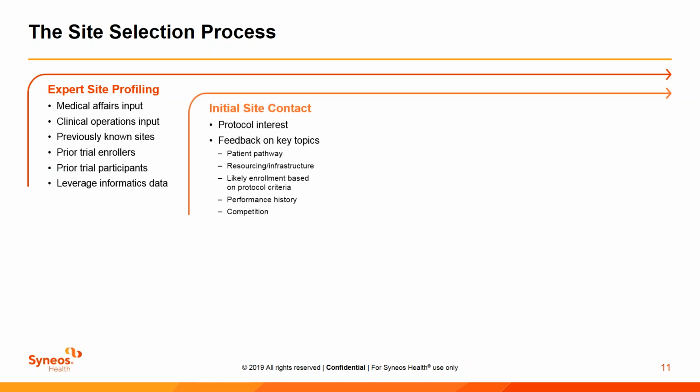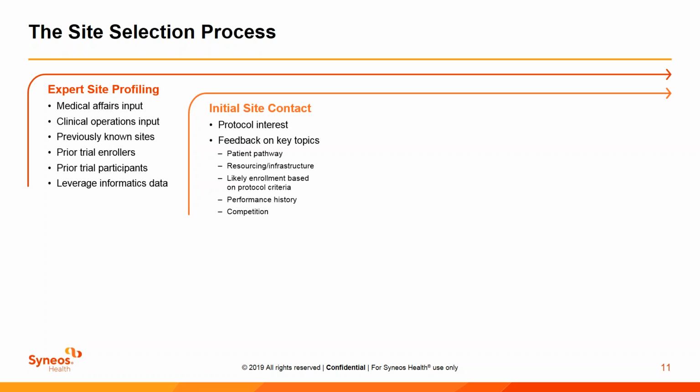The initial site contact, when we've been talking about what does a good site look like, this is the profiling that happens in the very beginning. And once we've identified the sites that would fit really well to the protocol, then we make the initial site contact. And this is where we gauge interest.